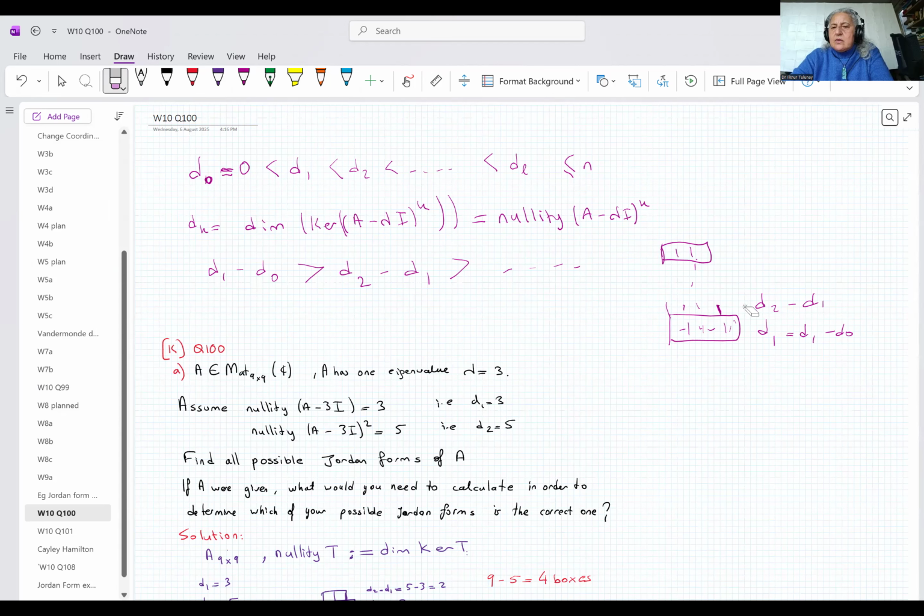How do you do that? Once we construct all of those, in the end of them, of course, you will have dh minus d(h-1), whatever that number is. Could be 1, could be 2, depending on how this ladder looks. There's an explicit ladder. And then we look at the number of boxes in each column.